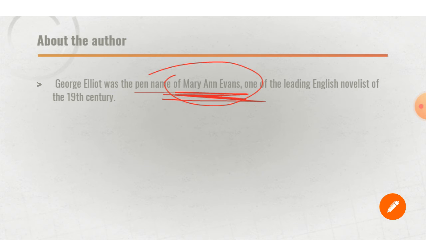Let me break it down for you. Mary Ann Evans is the real name of George Eliot. So real name is Mary Ann Evans. Just remember it. Only in her profession she uses George Eliot as her name.